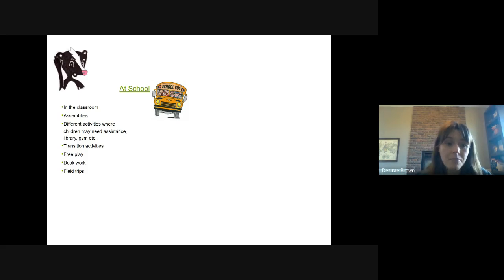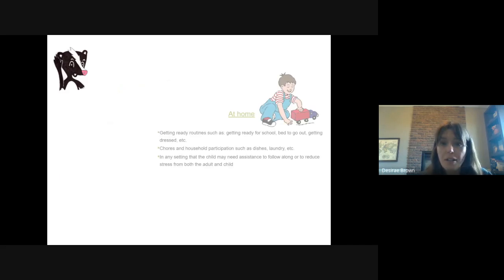During free play, there can be visuals, again both for understanding, like this is how you can play this game, or also for communication. Sometimes we'll have themed cards with certain vocabulary that goes with a certain activity so that the child can be using that vocabulary. Also during desk work, field trips, it can go on and on.